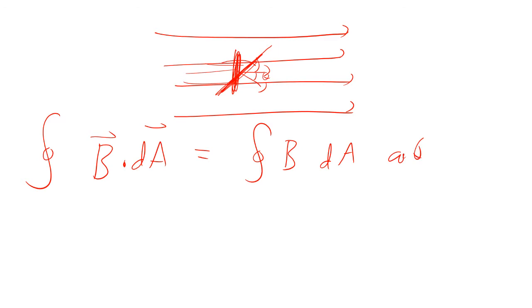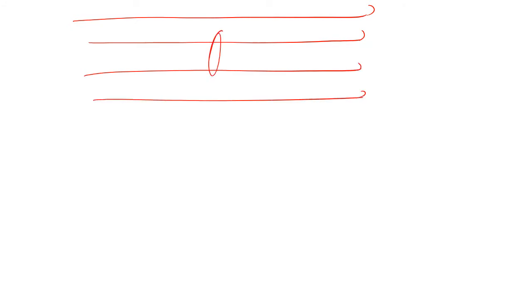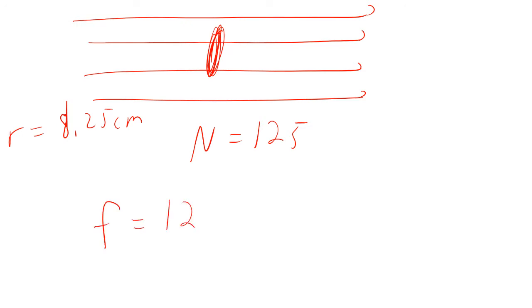Okay. So let's consider that we've got a coil. Let's say that it has 125 turns. Let's say it's circular, so the radius is equal to 8.25 centimeters. And let's say the coil is spinning with a frequency of 120 hertz.